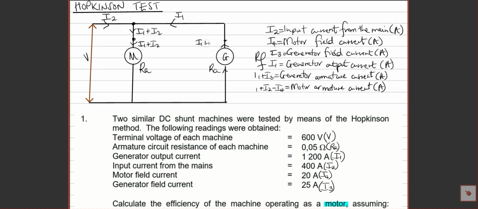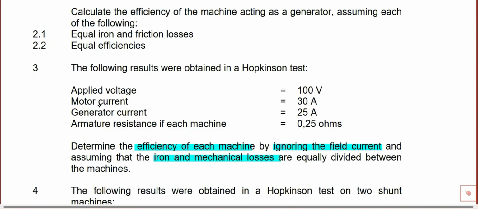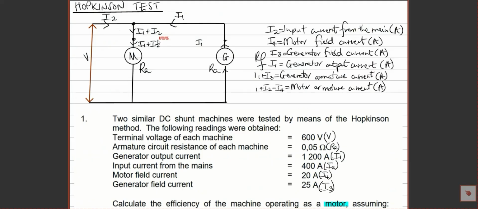Now you will notice in the same question that they gave you a motor current and a generator current. Coming back to the circuit, your motor current is just represented by I1 plus I2, and your generator current is I1. Even in your equations during the calculation, like I said, they've never asked this one before the final exam. We hope they never do.